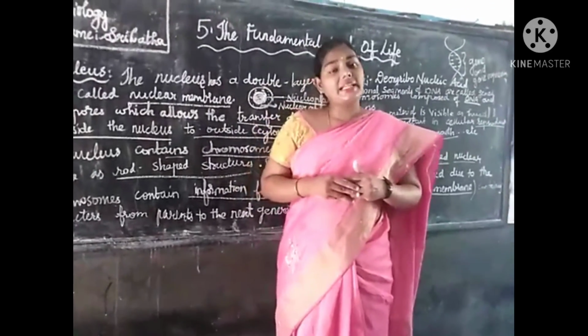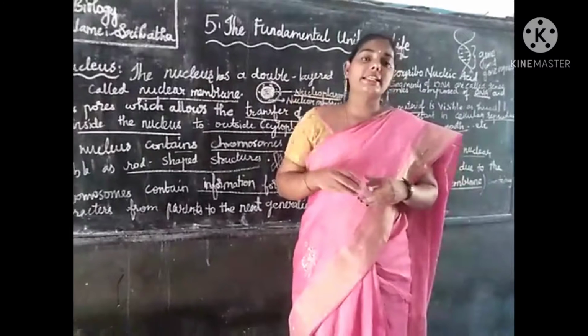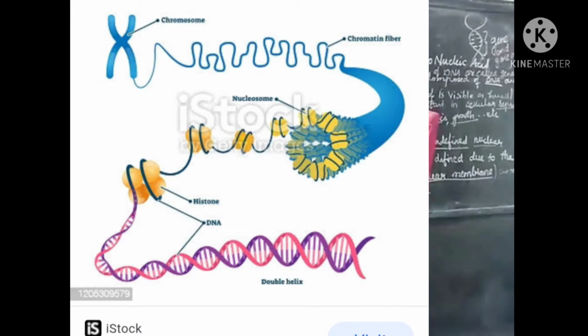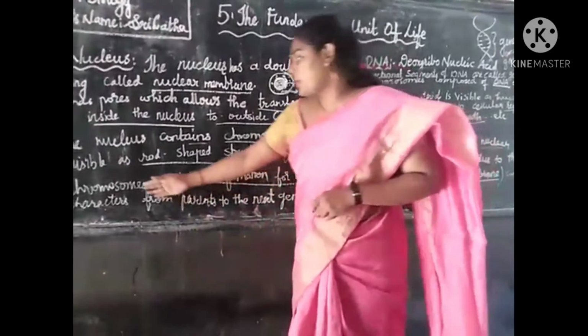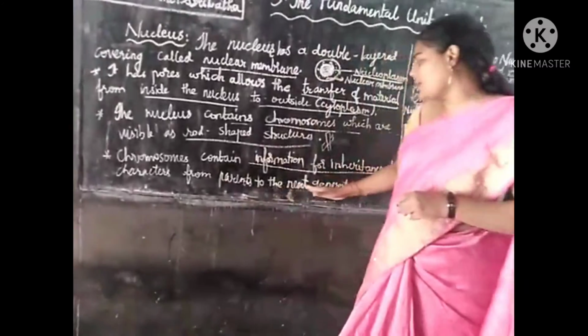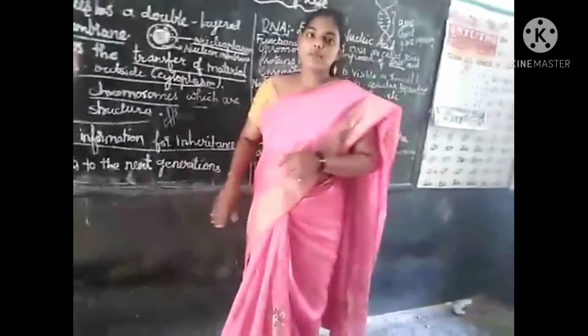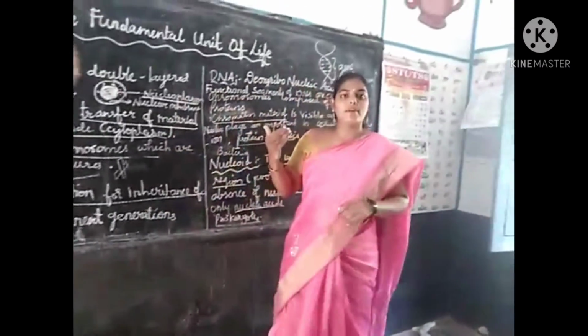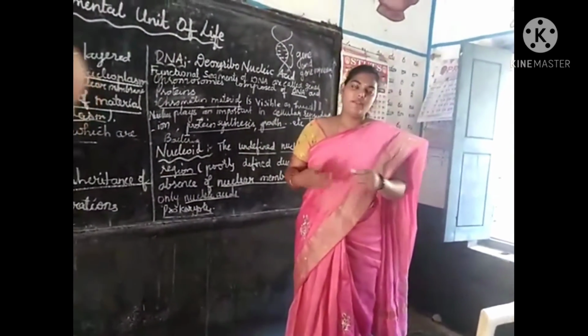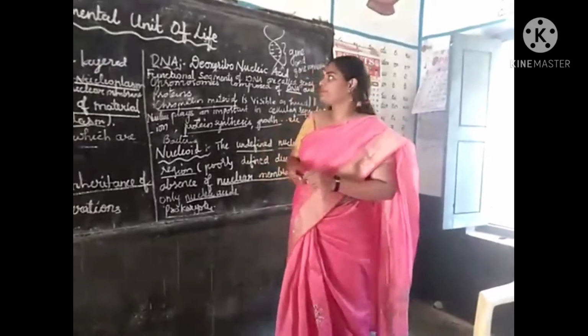Chromosomes contain DNA, and DNA is responsible for carrying the genetic material from your father or mother to you. So we resemble our parents in our activities and in our genetic nature also.